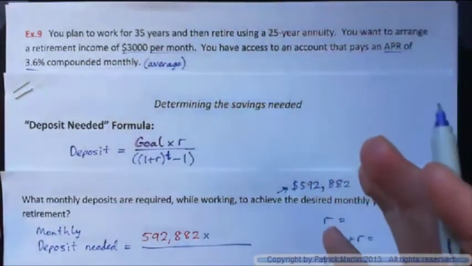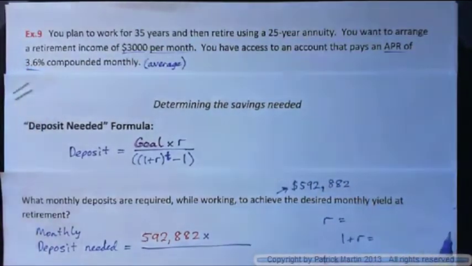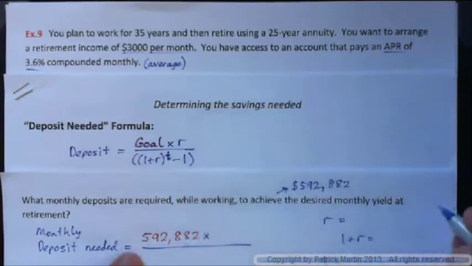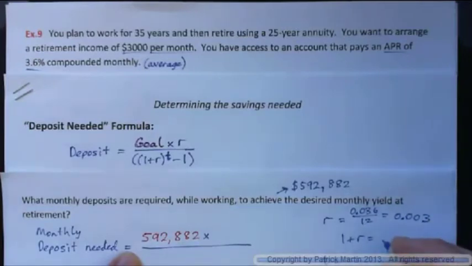So that's over the whole 60-year span. The average APR is going to be 3.6%, which of course in real life is unrealistic, it's not going to stay the same. But just for the sake of a calculation, we're going to assume that. So R is the monthly interest rate, and as we've seen before, that is 0.036 over 12, which is 0.003, and 1 plus R is 1.003, right?